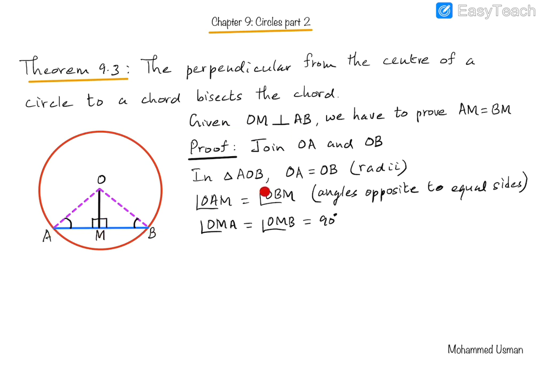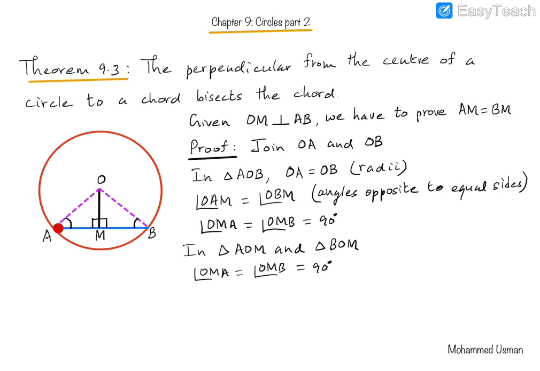Now with this piece of information, let us look at the two triangles AOM and BOM and check for their congruence. So in these two triangles, we have angle OMA equals angle OMB equals 90 degrees. So that means these two triangles are right angle triangles. And then we have the hypotenuses of these two triangles are equal.